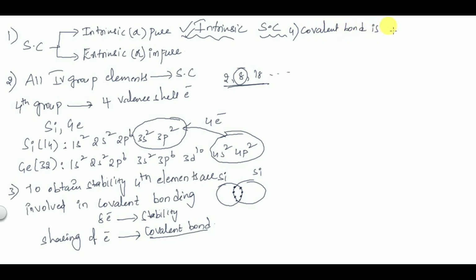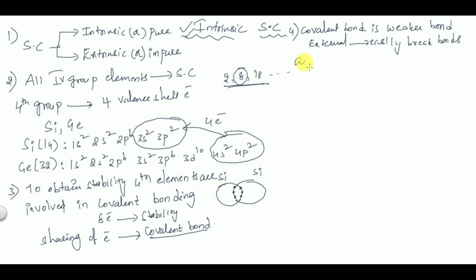The fourth point which you have to remember is that the covalent bond is a weaker bond. By applying external energy, you can easily break the covalent bonds and make the electrons involved in bonding free.